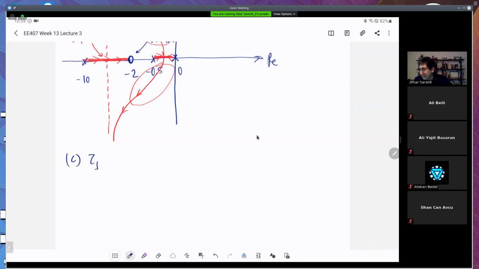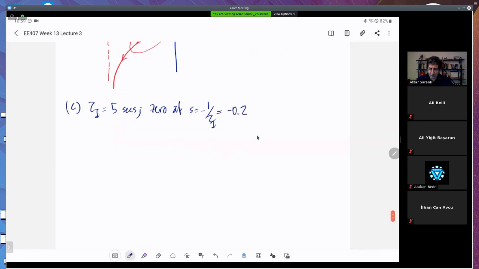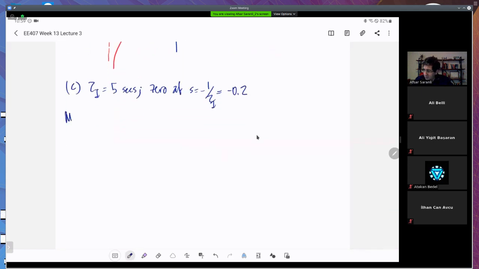Okay. In this case, the 0 at s is equal to minus 1 over tau I, which gives us now a 0 at minus 0.2. Okay, so new centroid at again minus 10.5 plus 0.2 divided by 2.